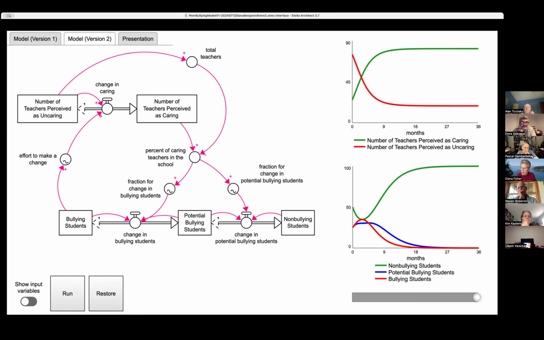So what I would like to ask you is, do you want to start with just these two stocks up here for caring and uncaring, and these three stocks down here for bullying and not bullying, and start to connect things ourselves? Or do you want to start with what we have here and build on this? Do you have opinions here?